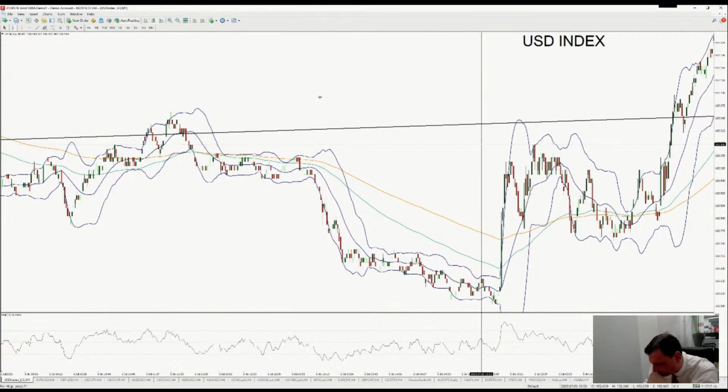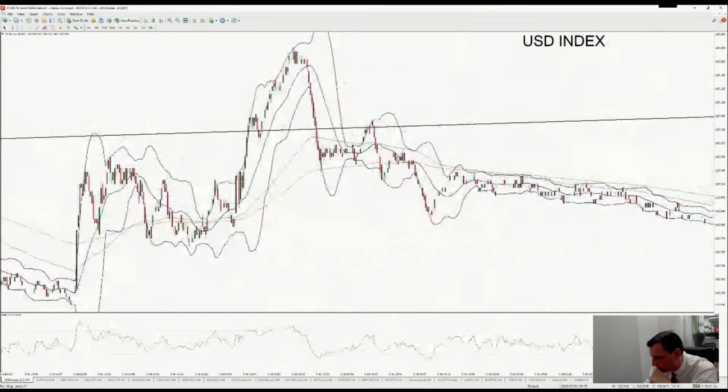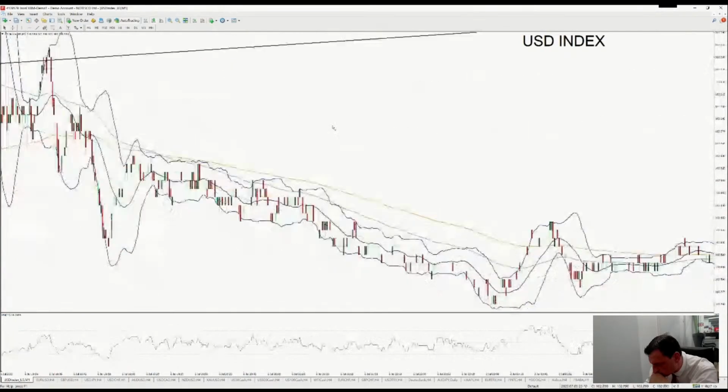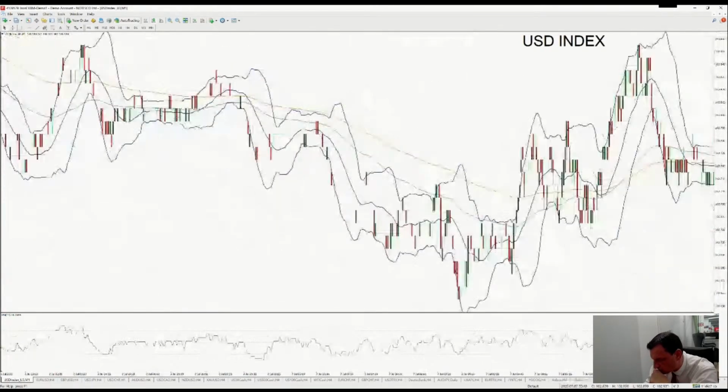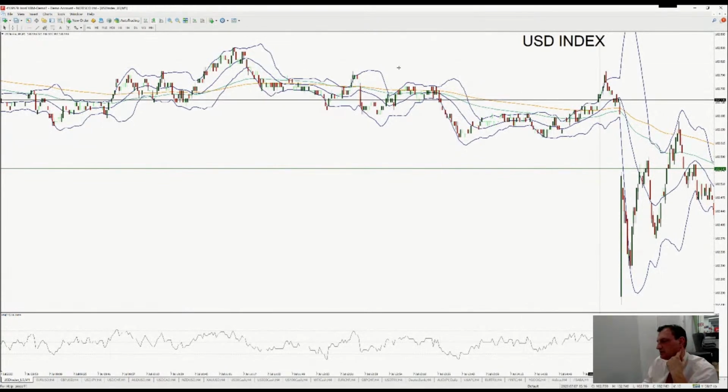Seventh of July. You can see how the US dollar index retreated on Friday's early American session, bouncing back up later on.